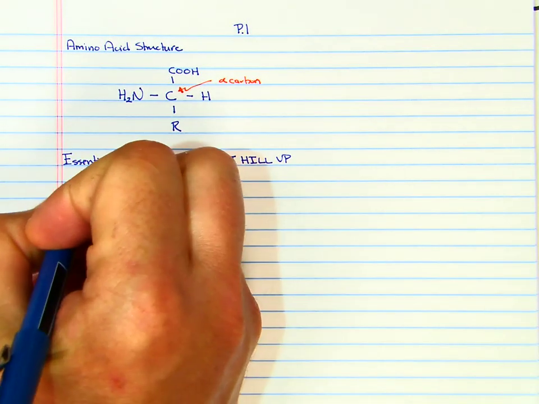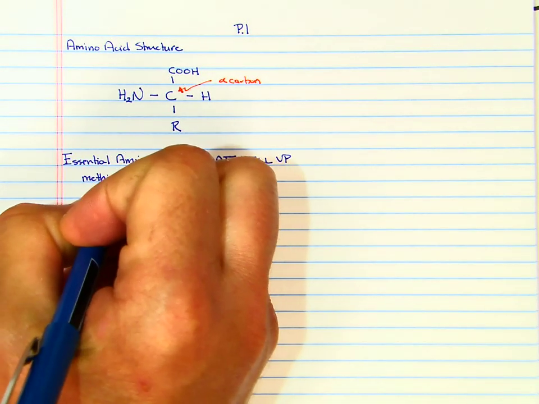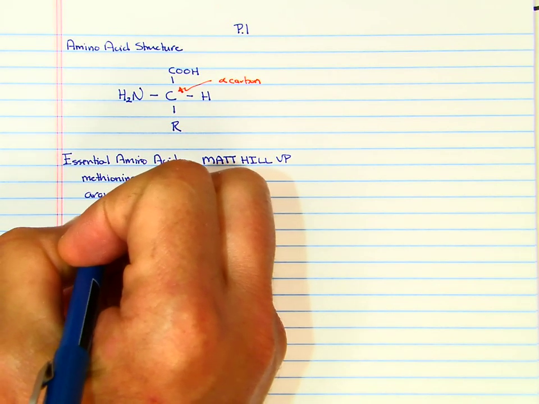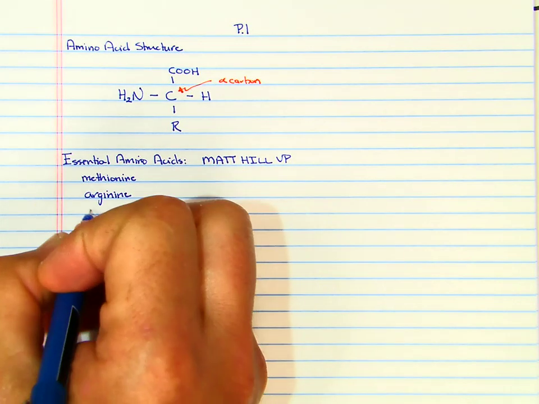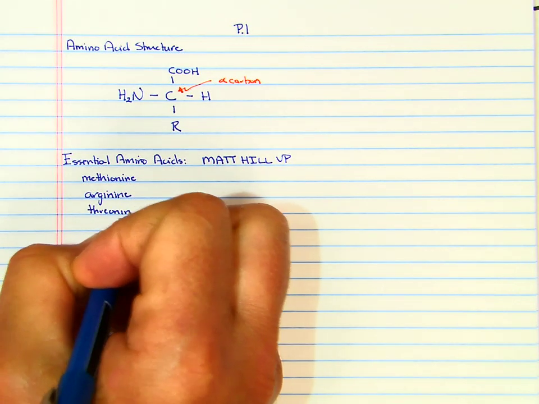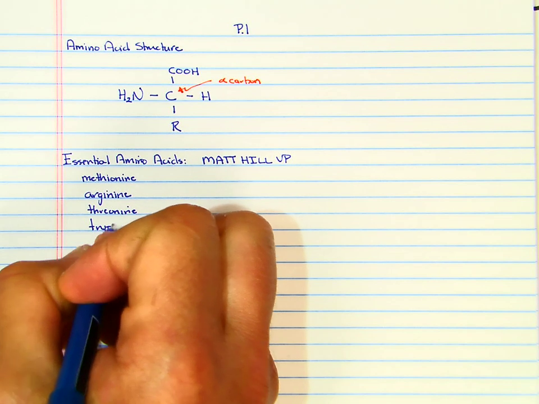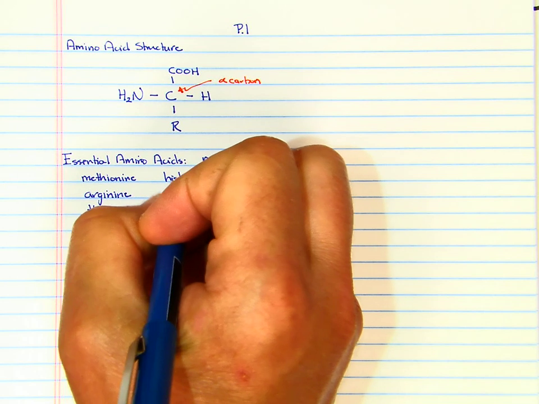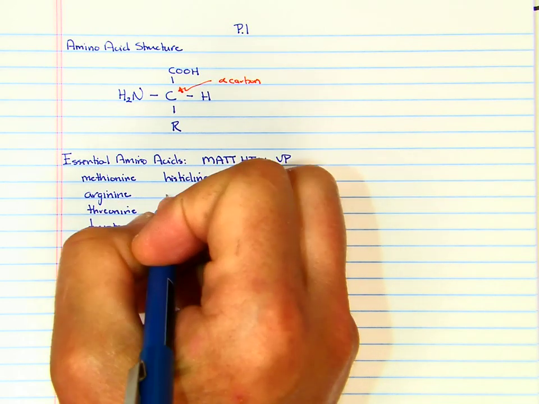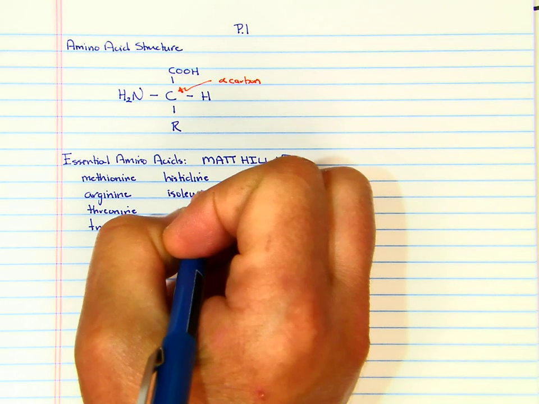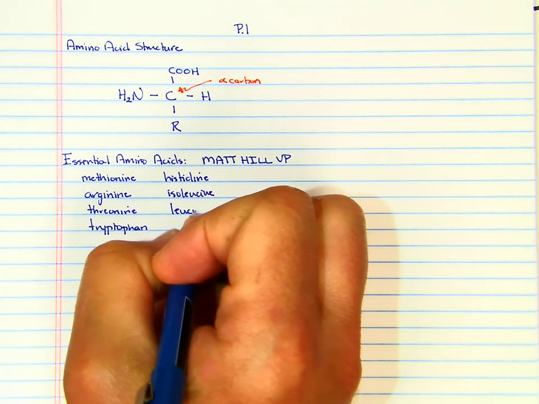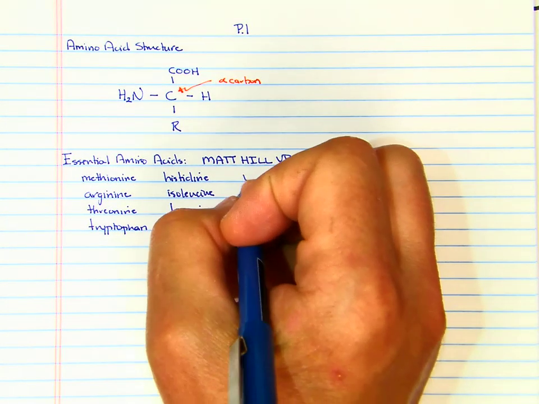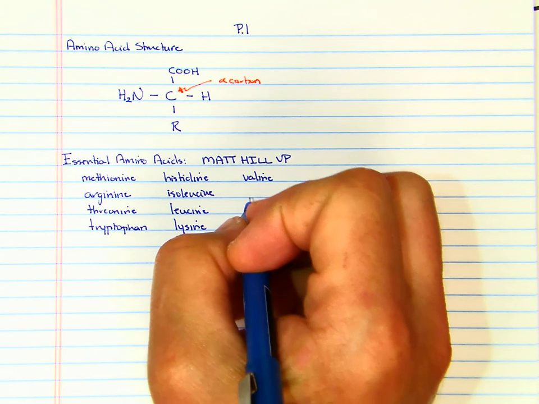Matt is methionine, A is arginine, T is threonine, T is tryptophan. Then Hill is histidine, isoleucine, leucine, and lysine. V is valine, and P is phenylalanine.